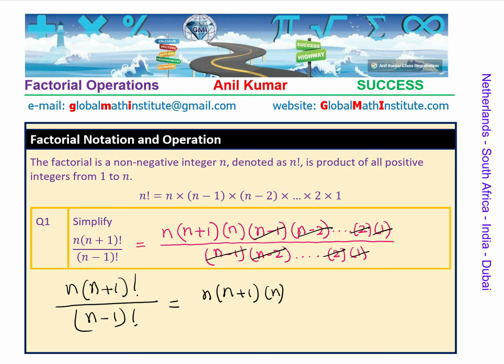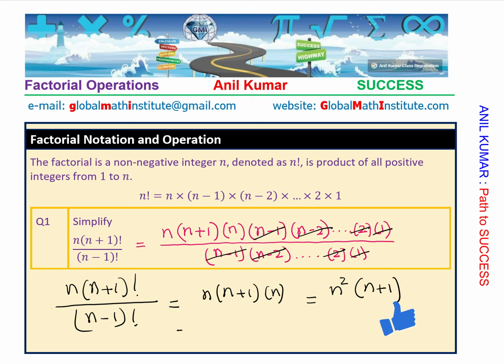So n minus 1 factorial got cancelled. Now simplify this, n squared times n plus 1 becomes a simplified form. If you want to expand and rewrite this, you could, and we could write this as n cubed plus n squared. Makes sense, right? I hope that is absolutely clear, right?